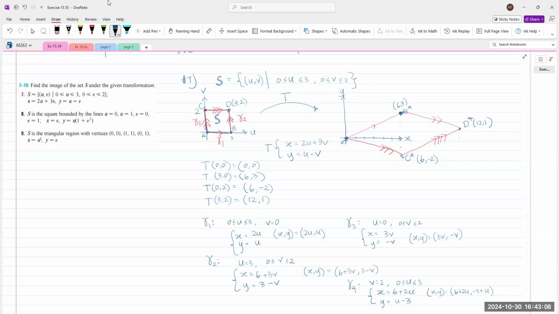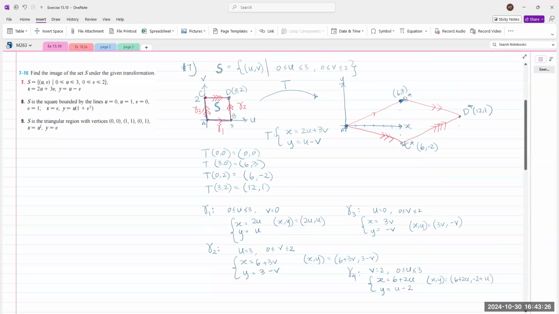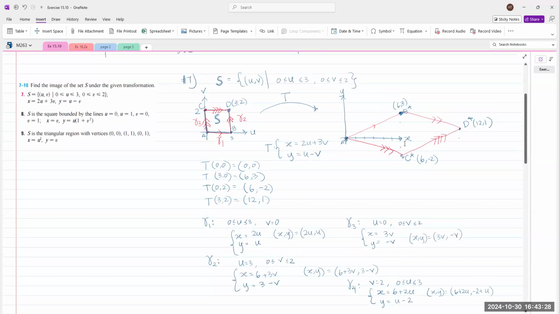Oh, I'm sorry. The v is 2, not 3. Once I compare with the graph, I know something is not right. The v is 2. And that gives us the fourth path, and we confirm the paths are straight lines, line segments.